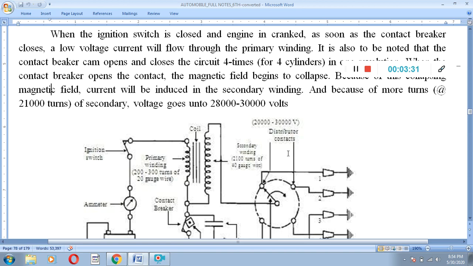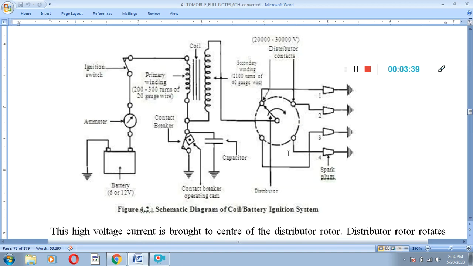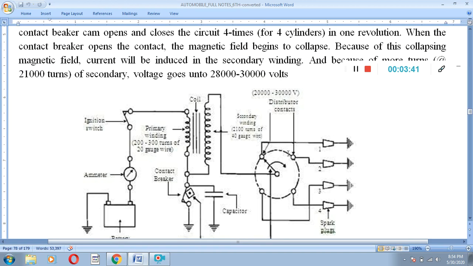It is also to be noted that the contact breaker cam opens and closes the circuit 4 times for the 4 cylinders in one revolution.